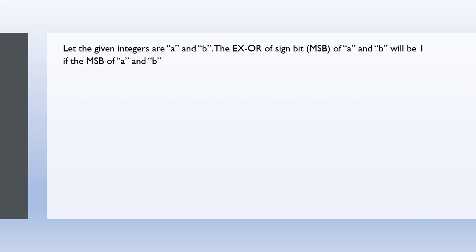For that we can simply write, using stdbool.h and stdio.h, a small function or method, bool check opposite sign.